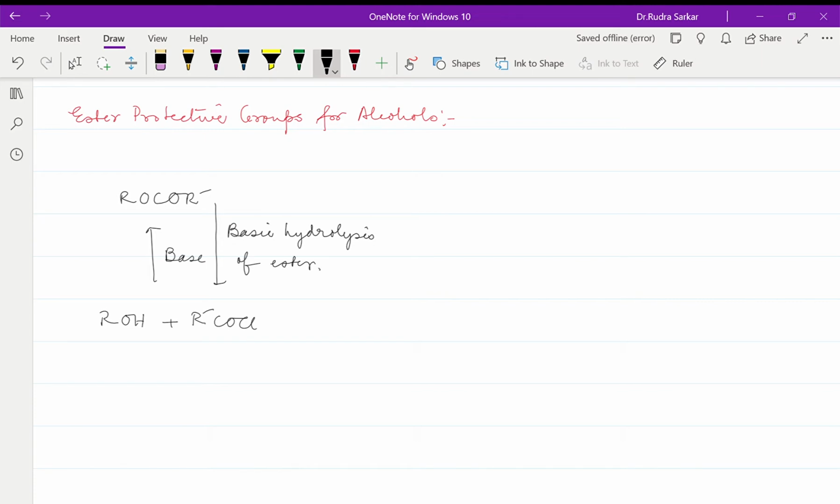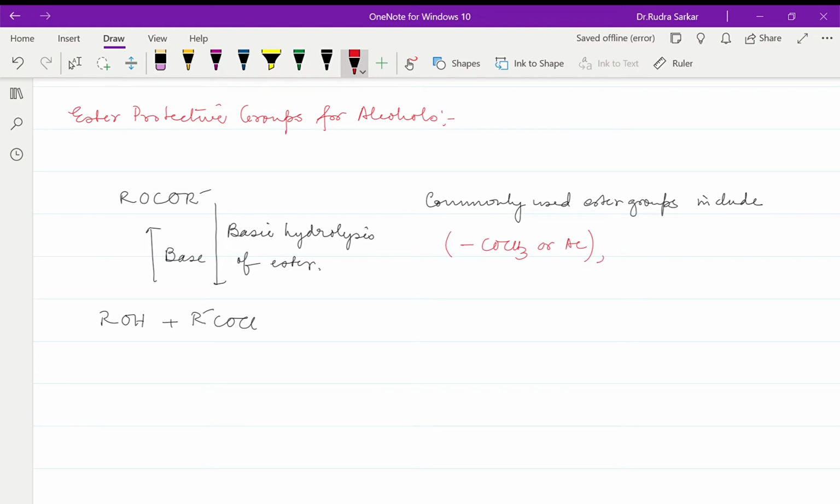Okay. Now the commonly used ester groups include the acetate, that is COCH3, or can be abbreviated as Ac.